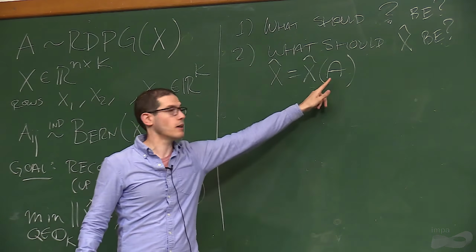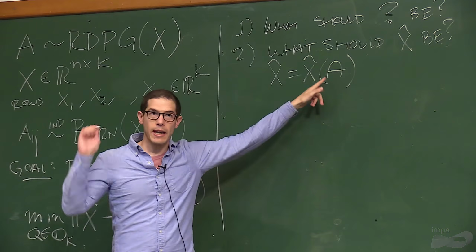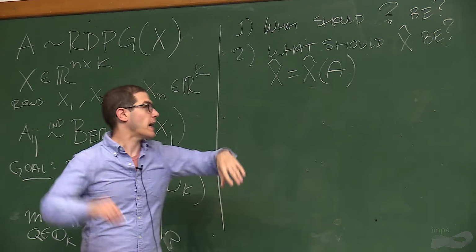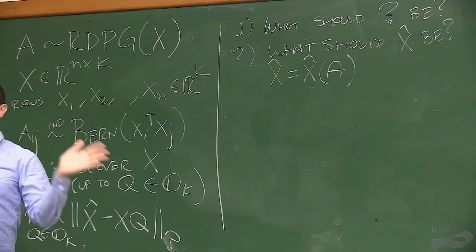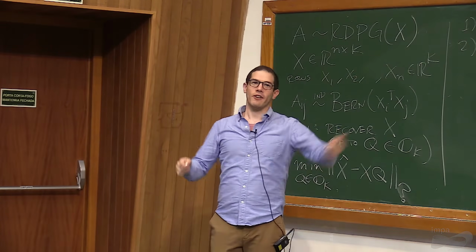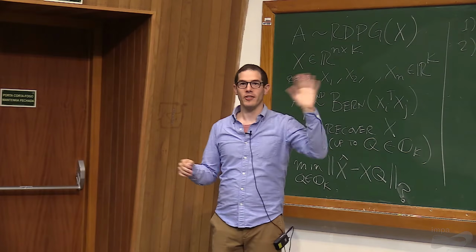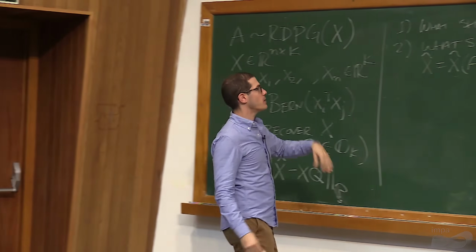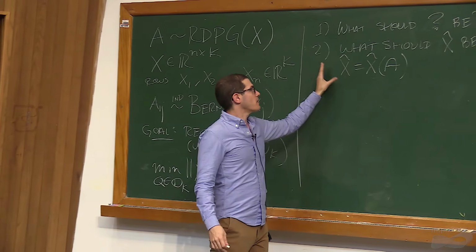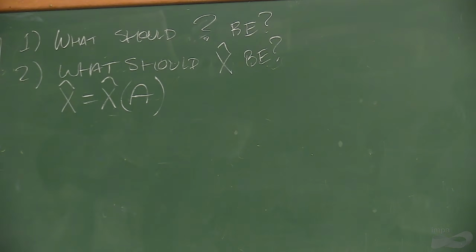The randomness comes from our data, in this case A. And we want to design this so that with high probability, in the vaguest sense, maybe exponentially small in the size of the data, or just bigger than a constant, we'll specify that soon, x hat is close to the true x.